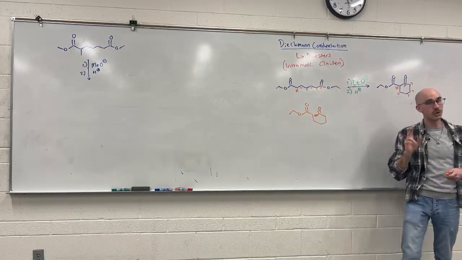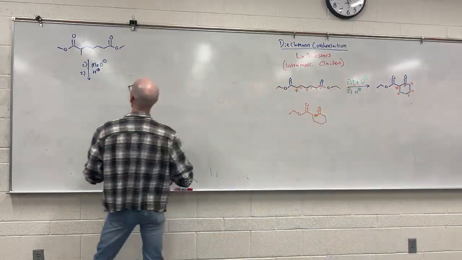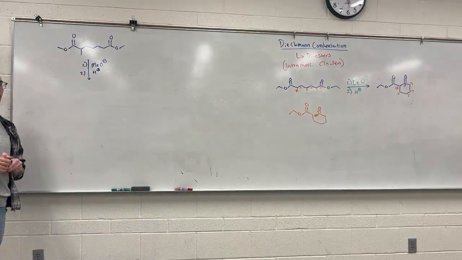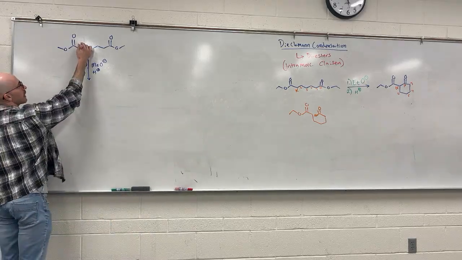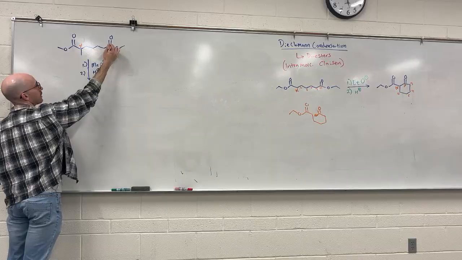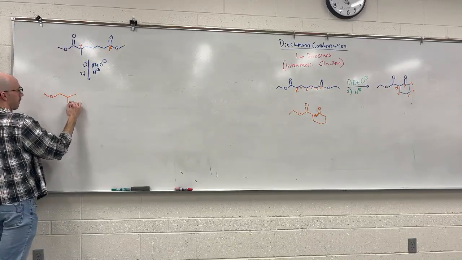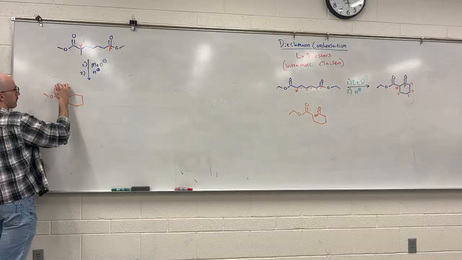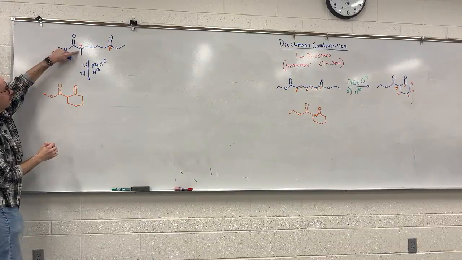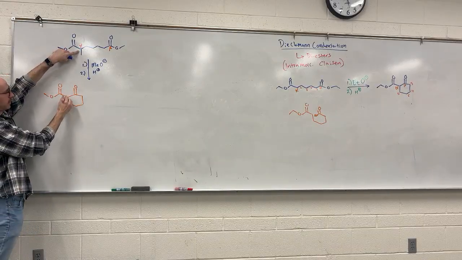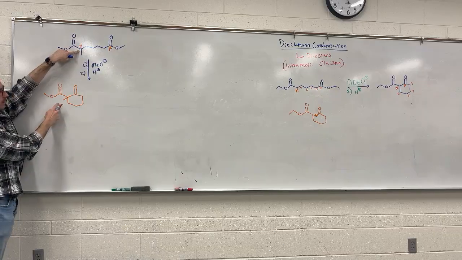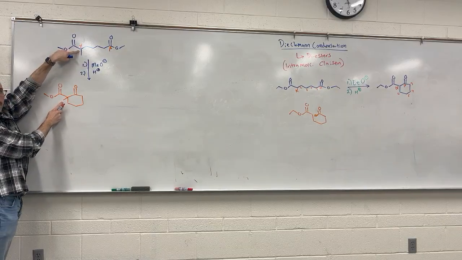All right, two possible products can form in this reaction. I'll color coordinate these. If this alpha attacks this beta carbonyl, here's my methyl group. Alpha still has a methyl group on it.